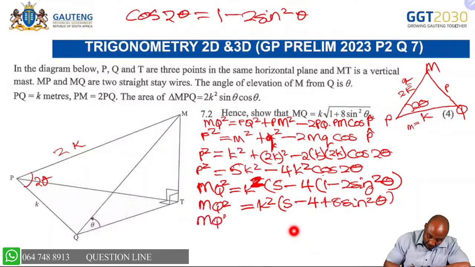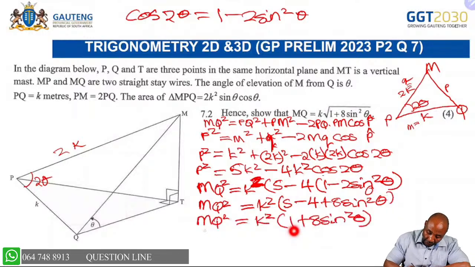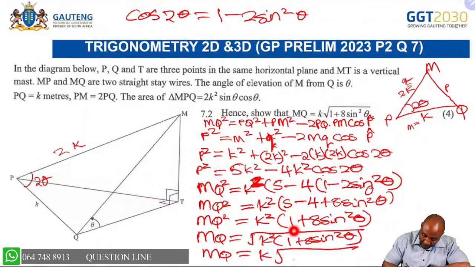So I'll get MQ squared is equal to k squared, 5 minus 4, that will give me 1 plus 8 sine squared theta. Then my MQ becomes the square root of k squared, 1 plus 8 sine squared theta. And the square root of k squared is going to be k. That one will remain as 1 plus 8 sine squared theta.